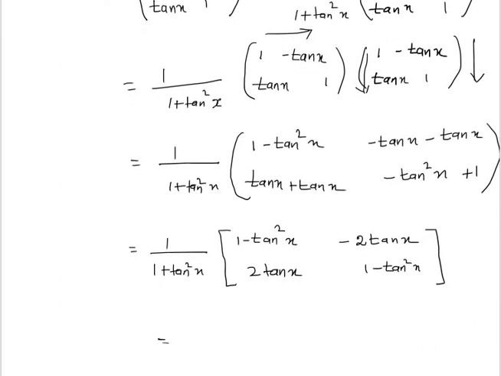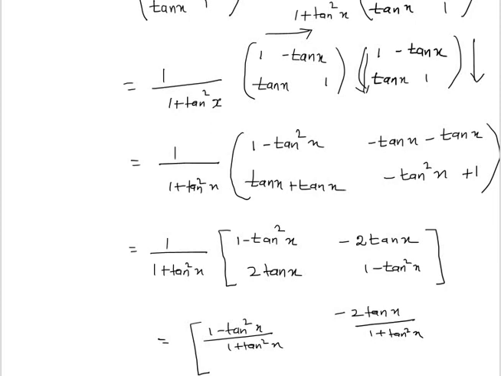This can be taken inside. If I take inside, this is 1 minus tan square x by 1 plus tan square x. Here minus 2 tan x by 1 plus tan square x.